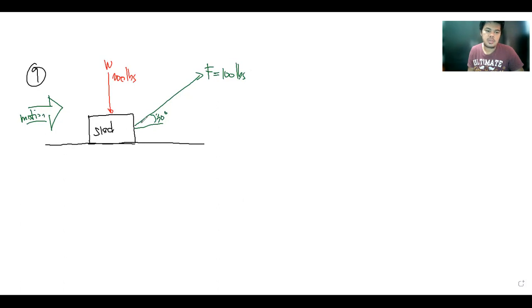The motion of the sled, of course, is going in this direction, so the friction force will oppose the motion of the sled.